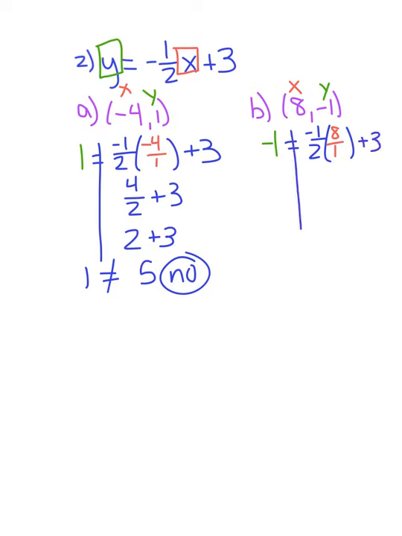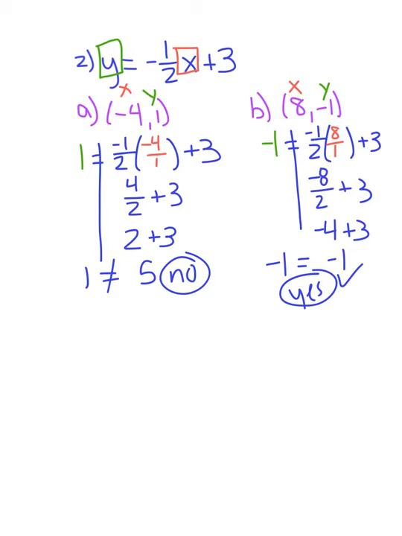So I have negative 8 on top. 2 times 1 is 2 on the bottom, and then plus that 3. Negative 8 divided by 2 is negative 4, plus that 3. Negative 4 plus 3 is negative 1. That is what we needed. That means the point 8, negative 1 is on the line. So it is a solution. The answer is yes.